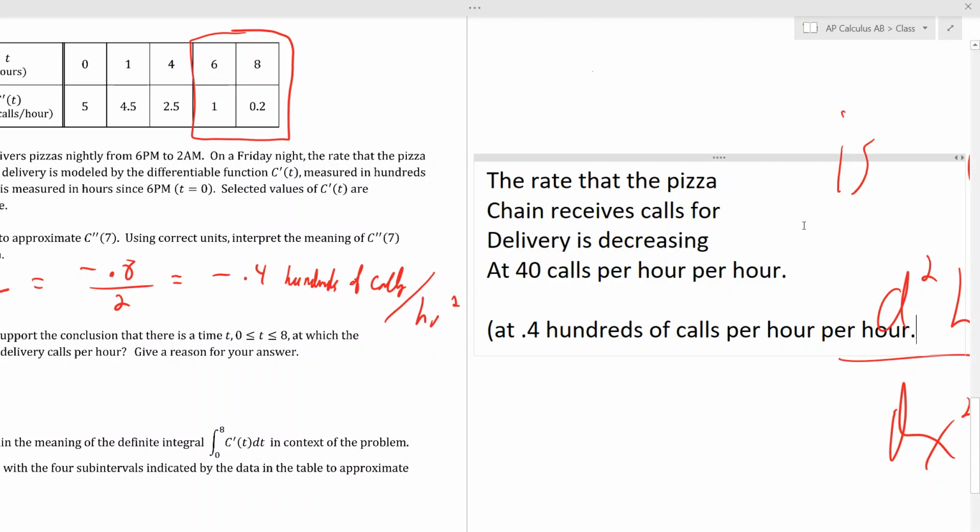Again, just to highlight this, when you explain what a derivative means, you don't name the derivative, you name the function. I'm saying the rate here initially because the function we're looking at is the rate they receive calls. So I'm just naming what I derived: the rate the pizza chain receives calls for delivery. Then you say, is it increasing or decreasing? That's what the derivative tells us. So it's decreasing at whatever, and then put the units.